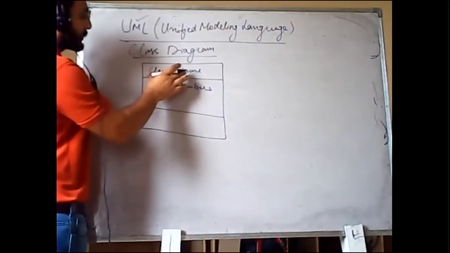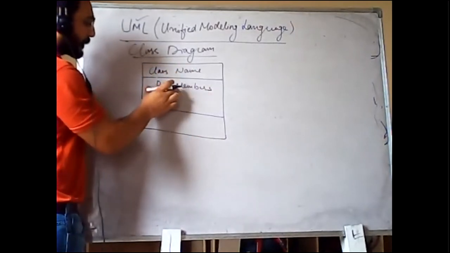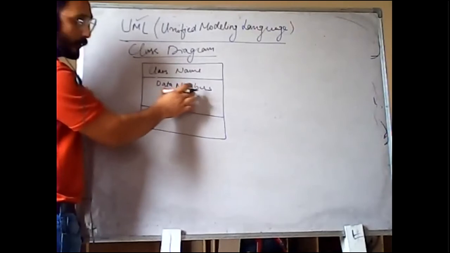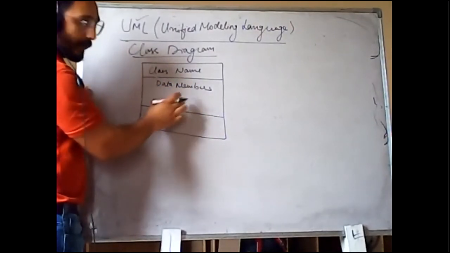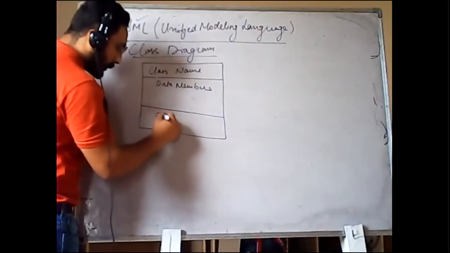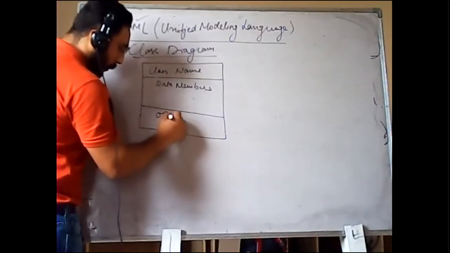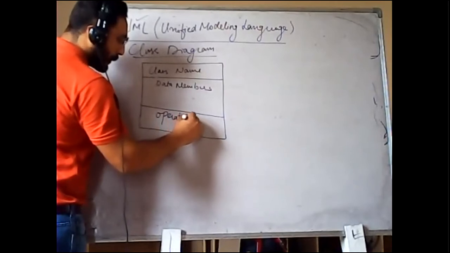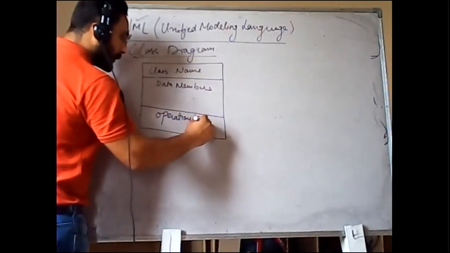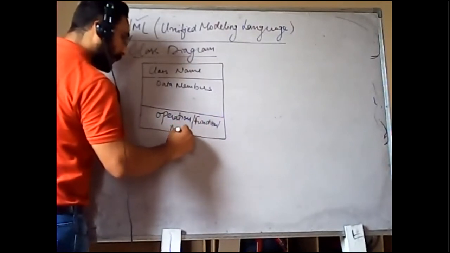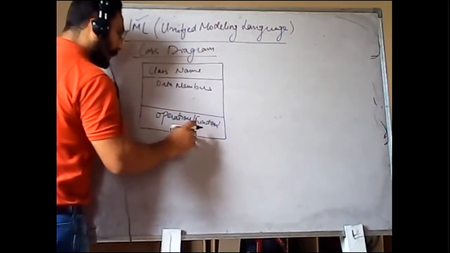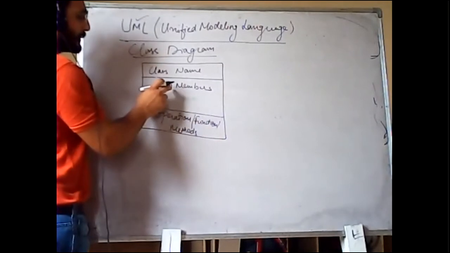For example, if we take a student class, the class has a student name, student roll number, student age. Those are your data members. And further, in the third division, there are operations, or you can say functions, or you can say methods, that are performed by these data members.